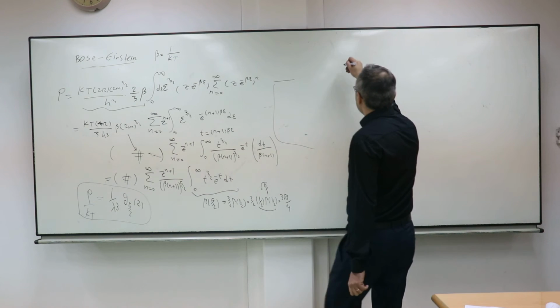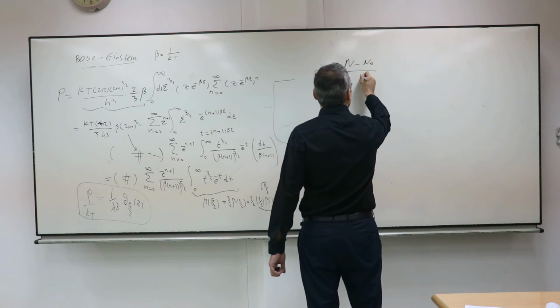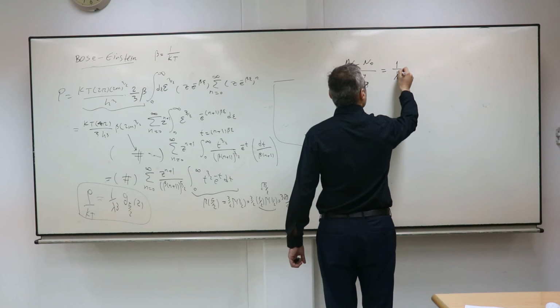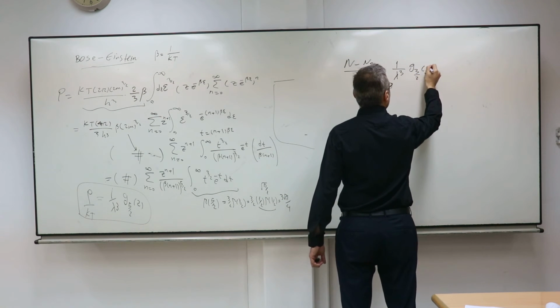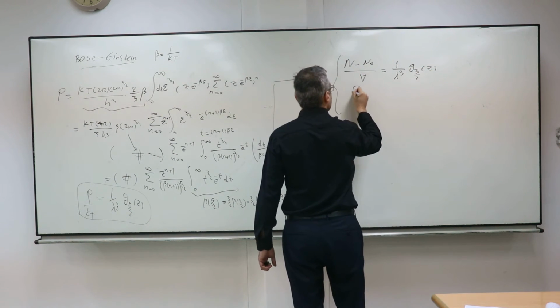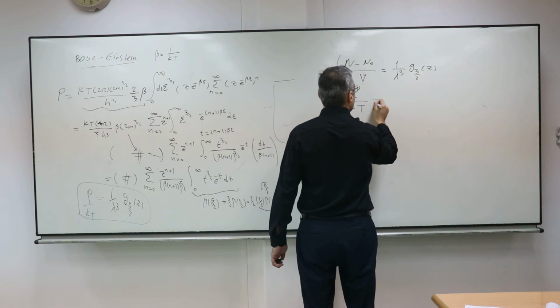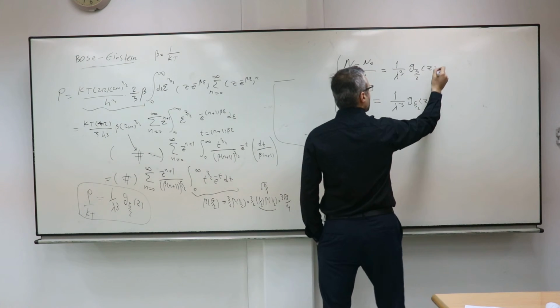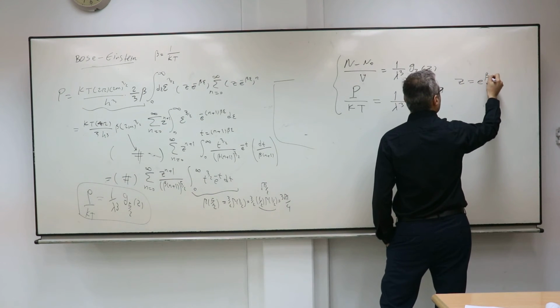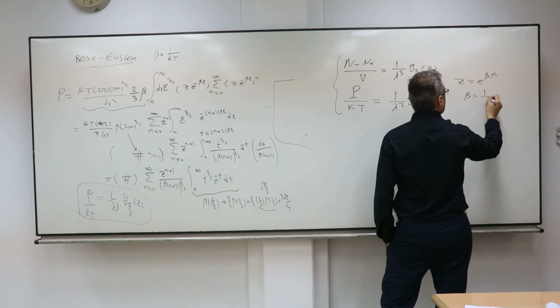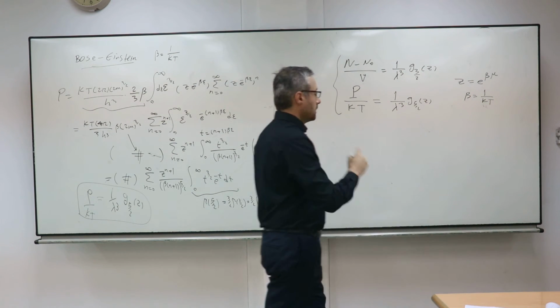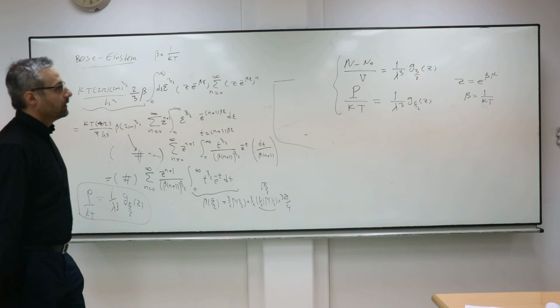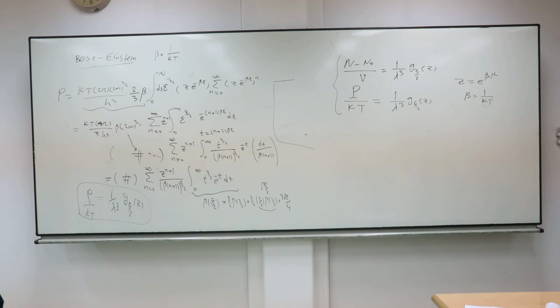So what we find is that (N minus N0) over V is 1 over lambda cubed g_{3/2}(z). What is the z? We always talk about the ideal gas, but this is not the ideal gas. This is a non-interactive quantum bosonic gas.